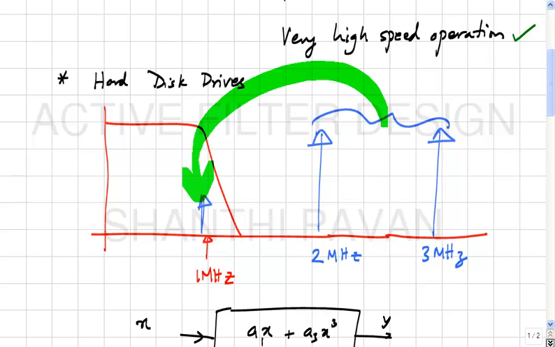So let us say you are trying to receive a weak signal from a base station and you have two of your neighbors also calling at the same time, right, then what happens? Your cell phone is receiving a weak desired signal, and two very strong undesired signals.